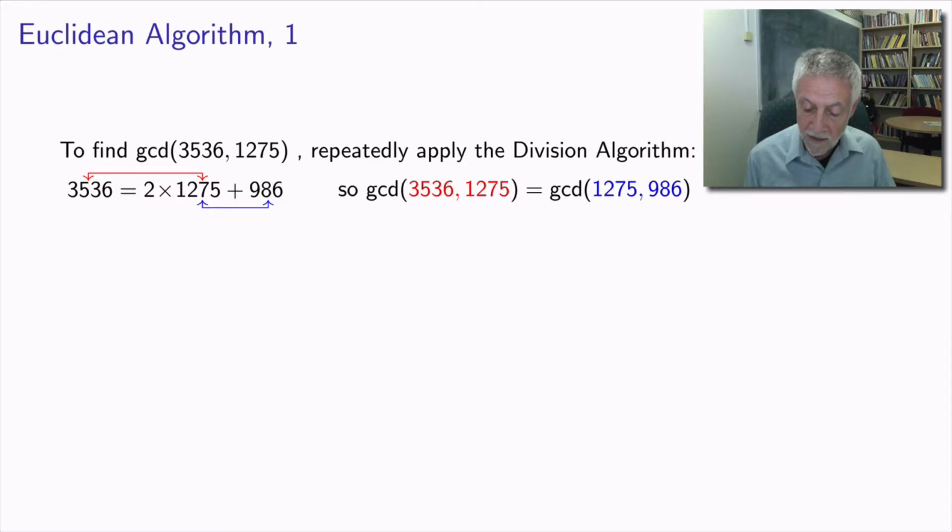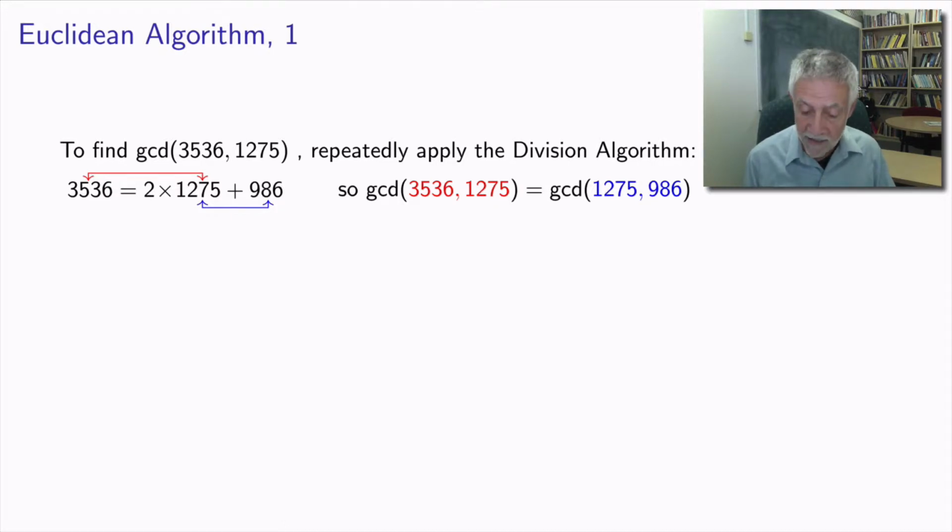Because 986 is equal to 1 times 3536 minus 2 times 1275, any number that divides each of those will divide 986. And of course, any common divisor of those two will divide 1275, because that was the smaller of the two integers we began with.